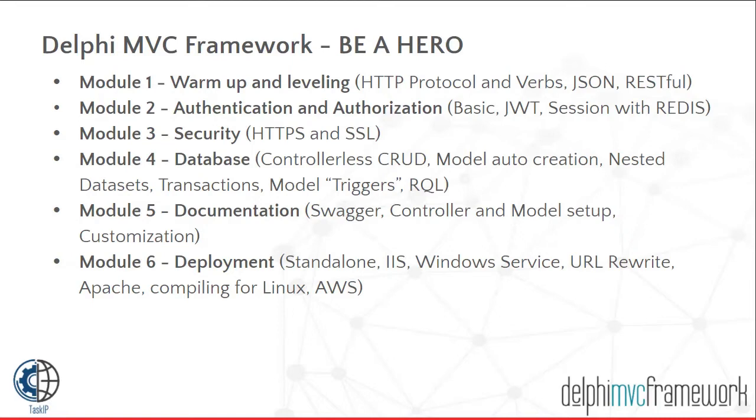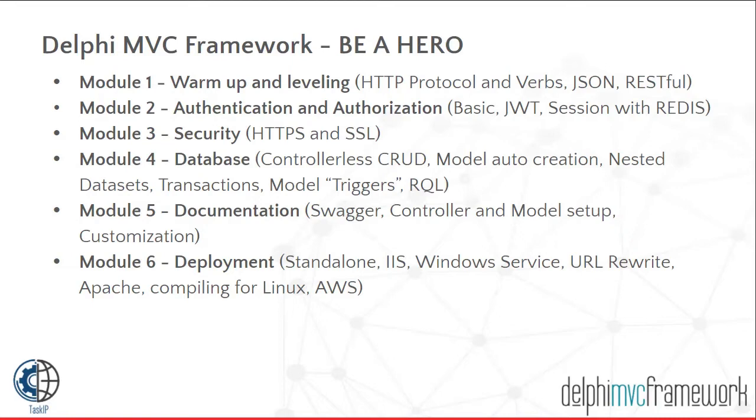We'll talk about URL rewriting, how to configure Apache, how to compile for Linux. We'll talk about AWS. If you don't know, AWS is Amazon Web Services. And so, yes, we will be talking about how to put your application on the cloud. You will have an application ready to go on the cloud.